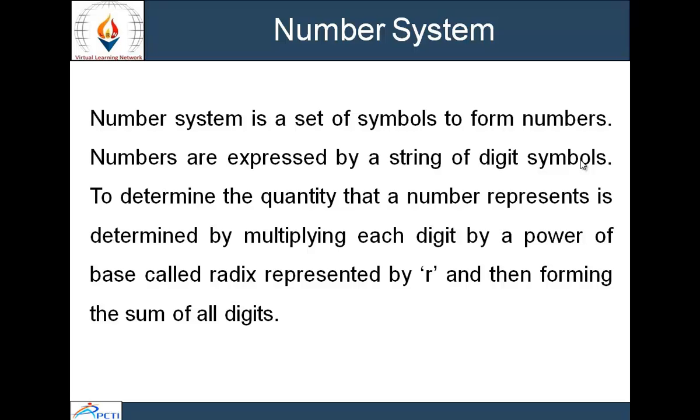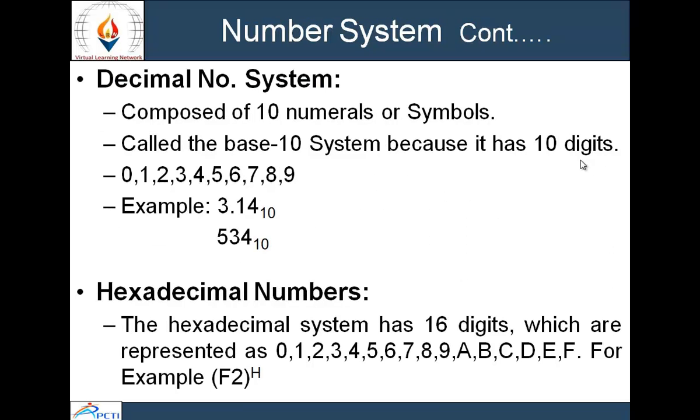Now we will discuss some common number systems that are binary, octal, decimal and hexadecimal. First is decimal number system. Decimal number system has 10 digits represented by 0, 1, 2, 3, 4, 5, 6, 7, 8, 9.